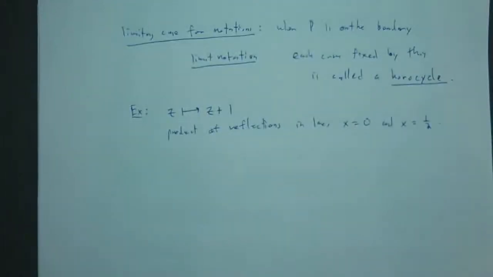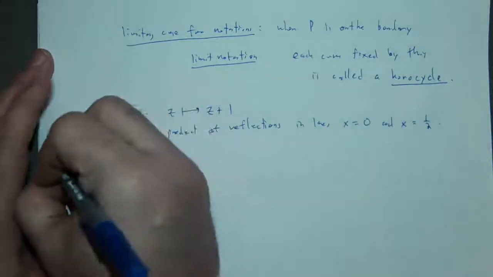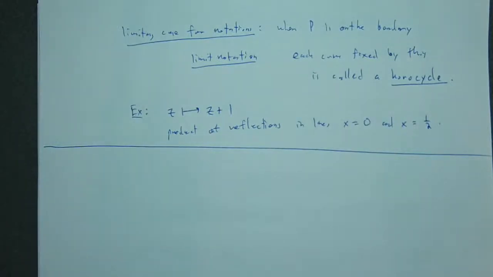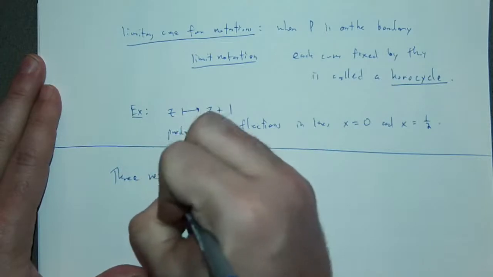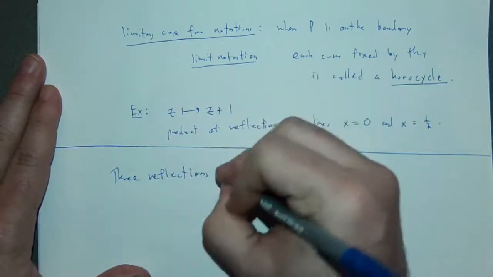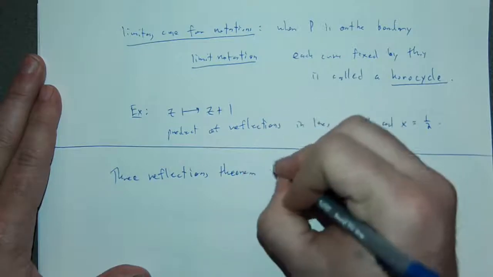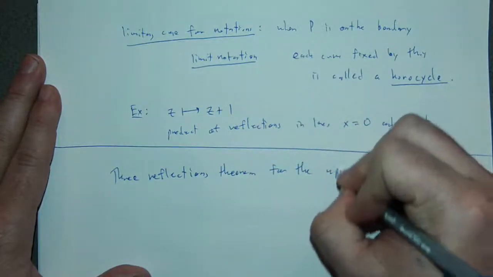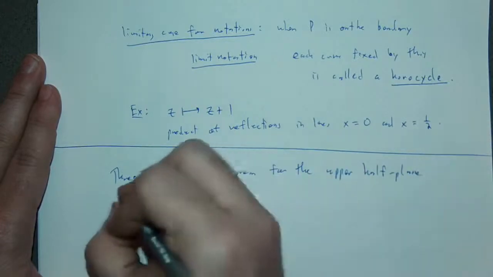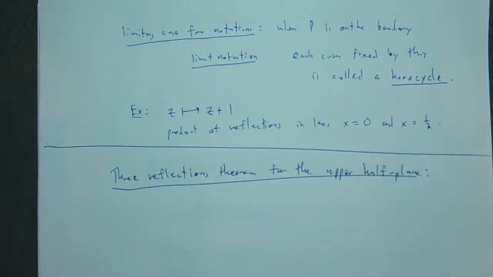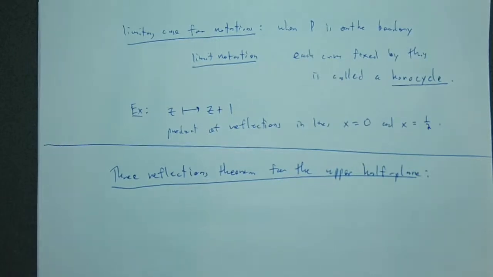So that's pretty much all I wanted to say. One more thing that ties this in: in the very last section of the textbook, there's a proof of one last fact, the three reflections theorem for Möbius transformations of the upper half plane. This ties back to what we did before and shows how similar this is to Euclidean geometry, much more so than spherical geometry is.